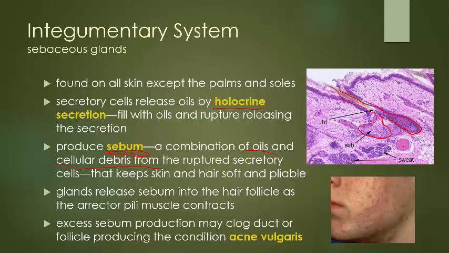So this muscle, the involuntary smooth muscle, as it contracts, it squeezes on the cells of the sebaceous gland and forces the oils into the hair follicle, where it makes its way up to the skin surface, and it keeps the hair pliable and the skin as well. Okay, so those are the sebaceous glands.